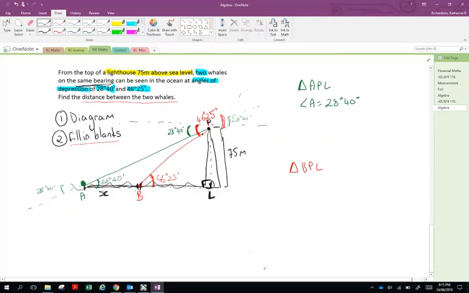From B to L, I know I've left a gap here, but that should be from B to L, we're going to call that Y. And from A to L, we're going to call that Z. So A to B is X, B to L is Y, all of it together is Z, and I've forgotten to draw in my angle, so angle B is equal to 46 degrees and 25 minutes.